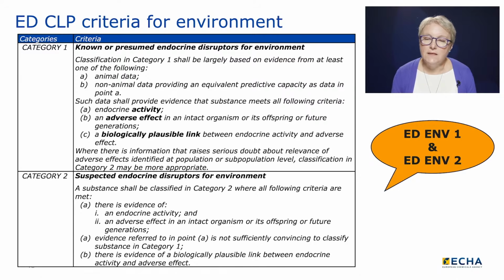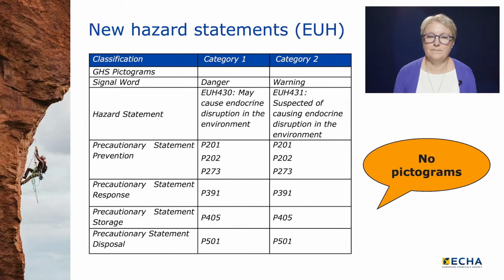The ED hazard class distinguishes between 2 categories. Category 1, which covers known or presumed endocrine disruptors for the environment, and Category 2, which covers suspected endocrine disruptors for the environment. Regarding hazard communication, at the moment there are new hazard statements, but there are no pictograms yet for these new ED hazard classes.